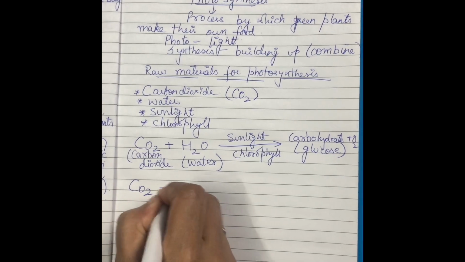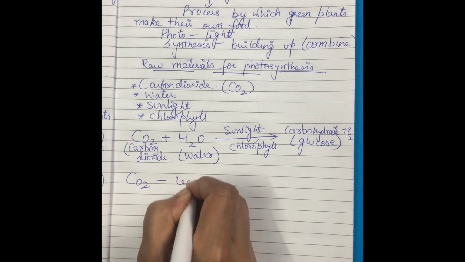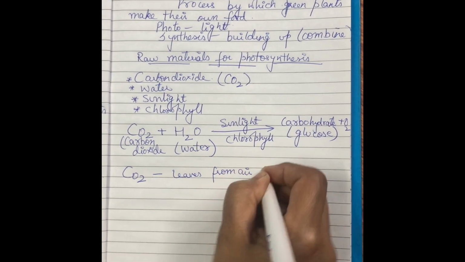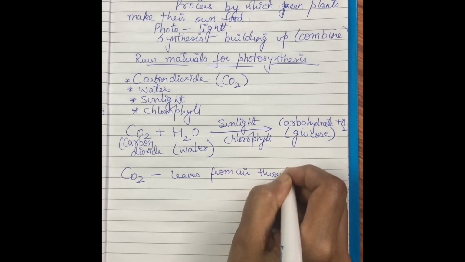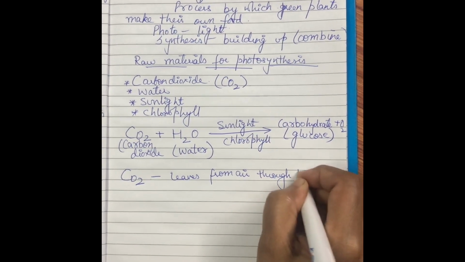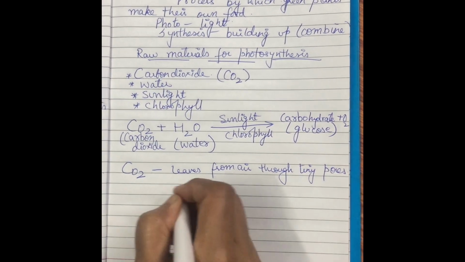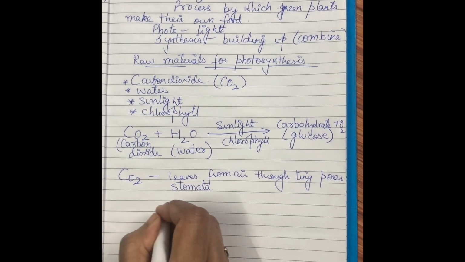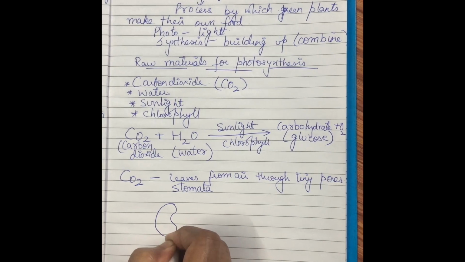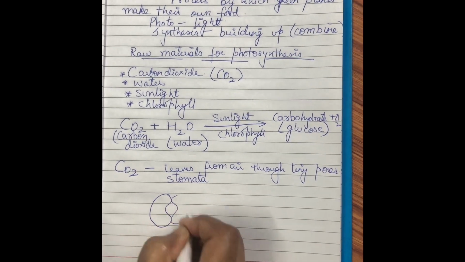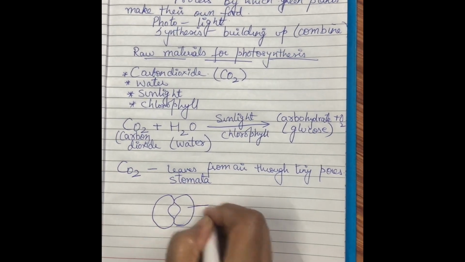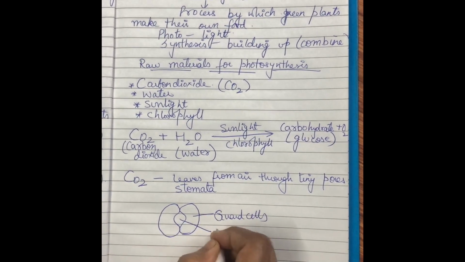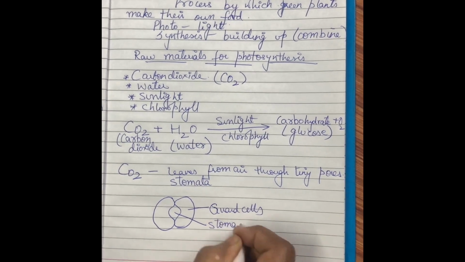The carbon dioxide is taken by the leaves from air through tiny pores present on the leaves. They are known as stomata. These are guard cells and this one is the stoma, the structure of the stomata.